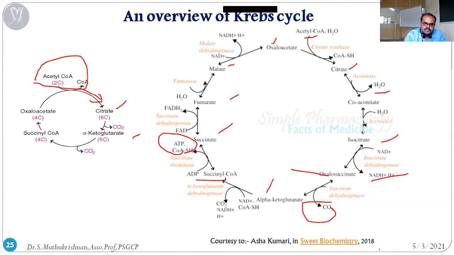In the same manner, isocitrate to oxalosuccinate is an interconvertible reaction, and up to alpha ketoglutarate, it's an interconvertible reaction. But alpha ketoglutarate to succinyl-CoA is a single reaction, it's not a reversible reaction. After that, once the succinyl-CoA is going to form, that means 6 to 5 carbon molecule, then 5 to 4 carbon molecules.